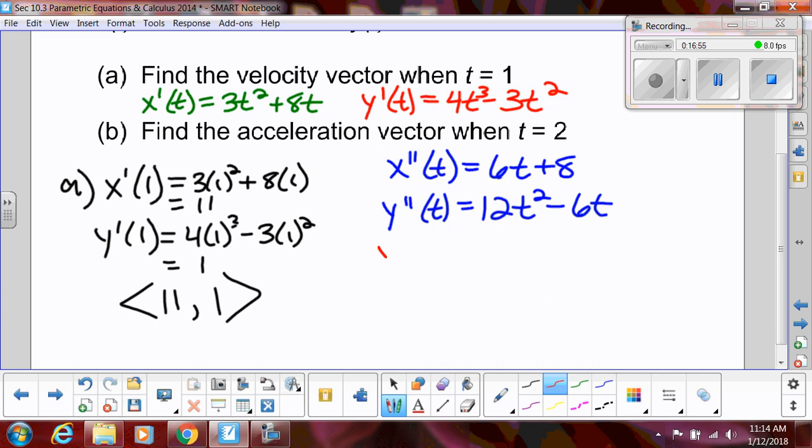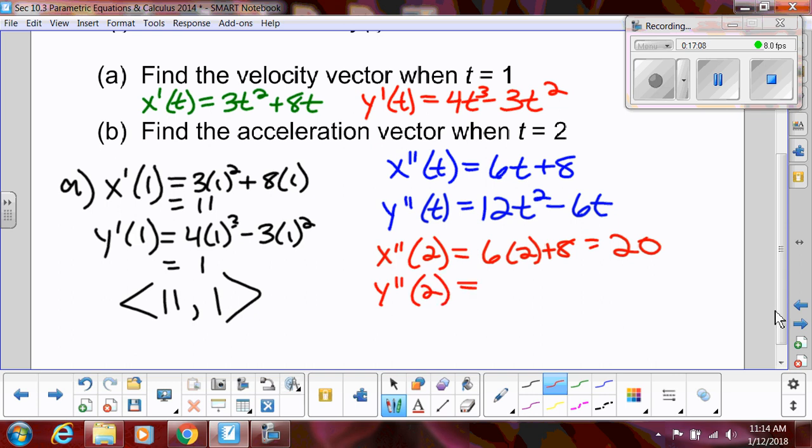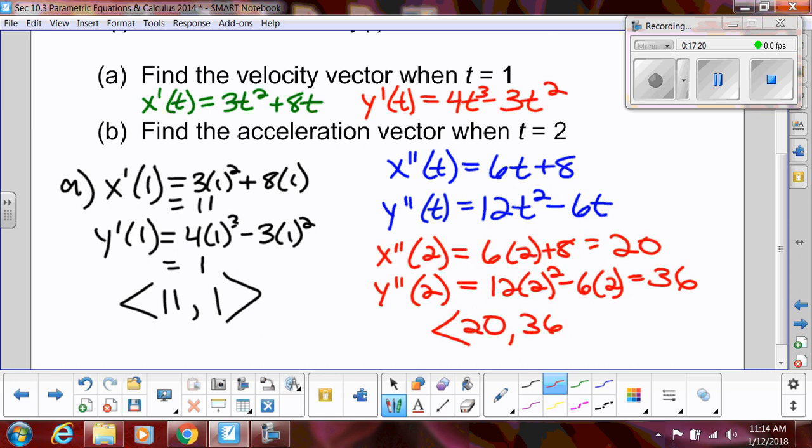X double prime of 2 is going to give me 20, and y double prime of 2 is going to give me 36. So my acceleration vector is 20 comma 36.